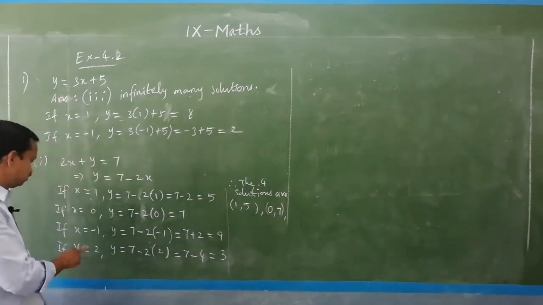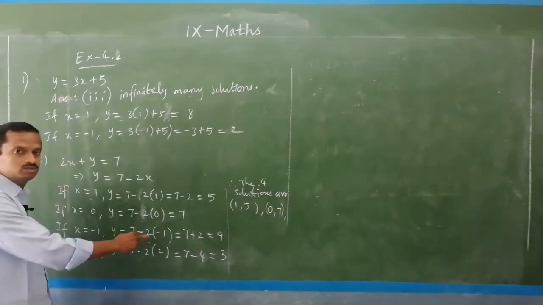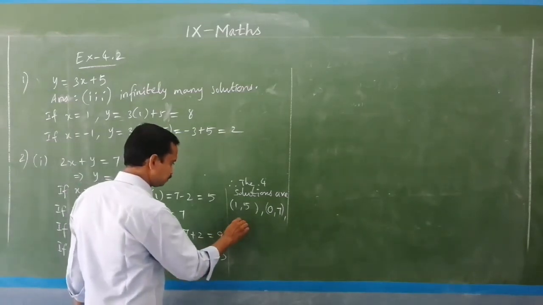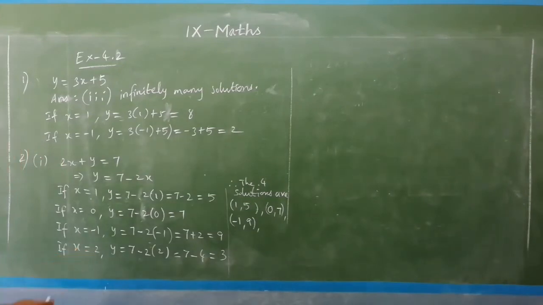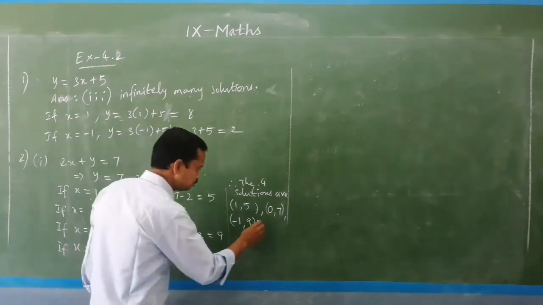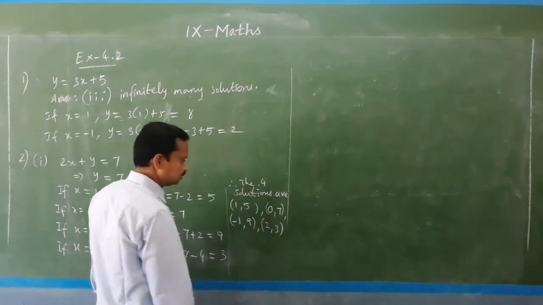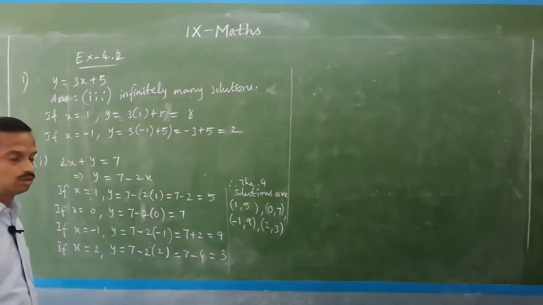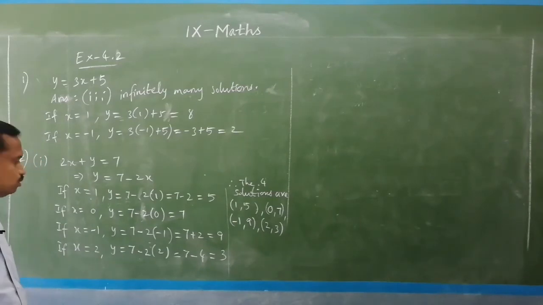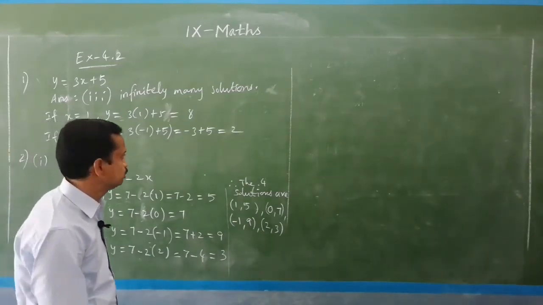If x is minus 1, then y is 9. And the fourth one, if x is 2, then y value is 3. Like that we can find so many solutions, but here they are asking only 4. So, we found them. That is all the solutions.